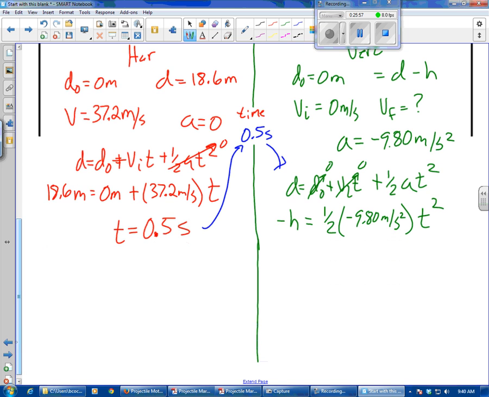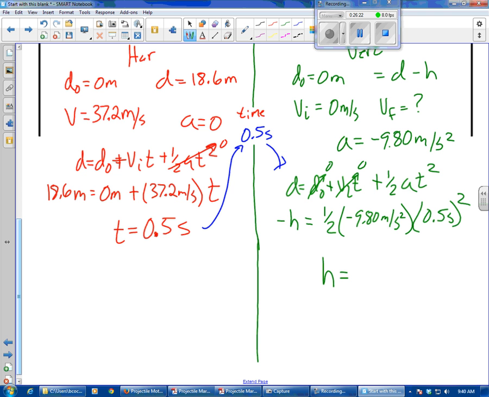Cool, one variable, all numbers. The negatives are going to cancel out. Oh, wait a minute, I know t. I don't want t, I know t, don't I? That's good, because I got scared there for a second. I thought I had two variables in one equation.